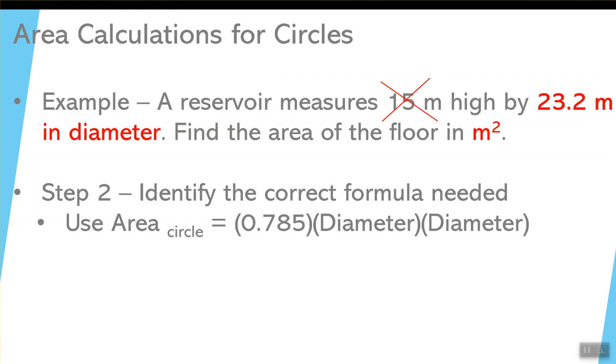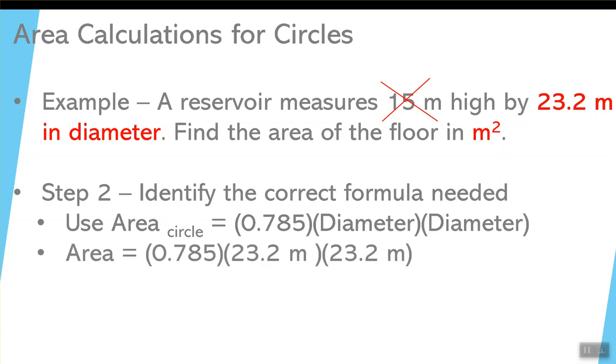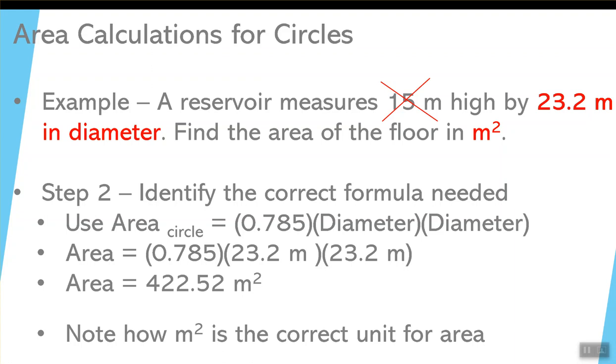Too many people, when they get stressed, do 0.785 times diameter, and then instead of squaring, they multiply by 2, and that becomes just a simple mistake brought on by the stress of the situation. So 0.785 times 23.2 times 23.2 gives you an area of 422.52.